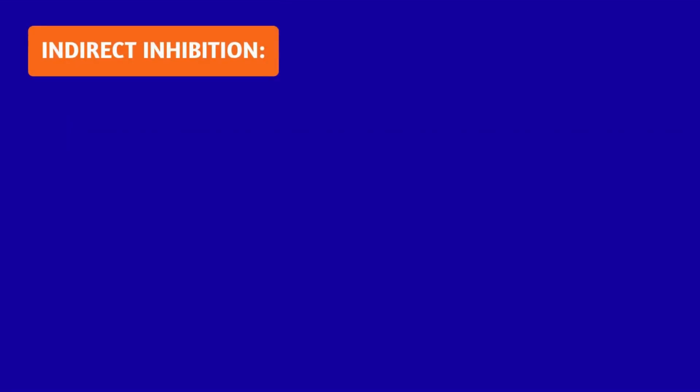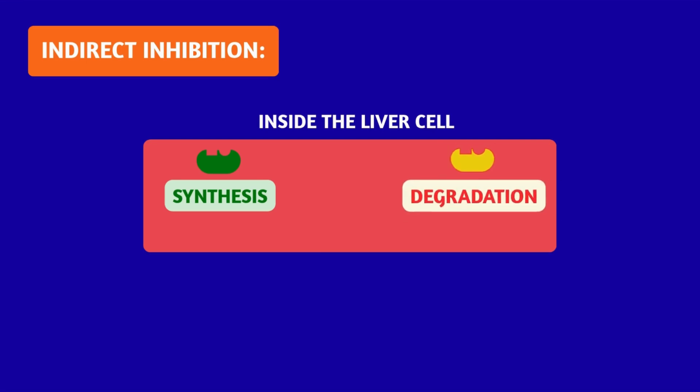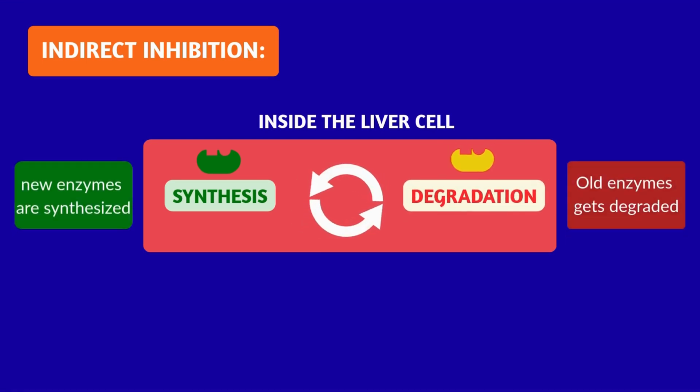Now let's talk about indirect inhibition. You see, inside the liver or any other cells, both synthesis and degradation of enzymes happen continuously. Old enzymes get degraded and new enzymes are synthesized.